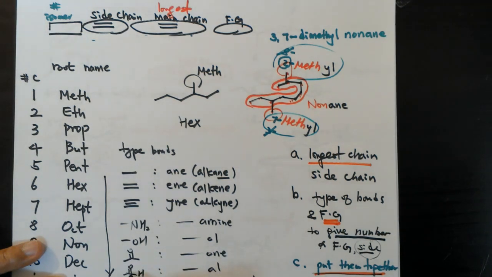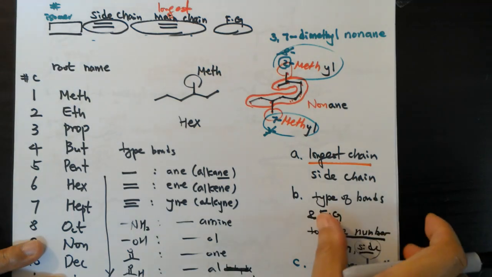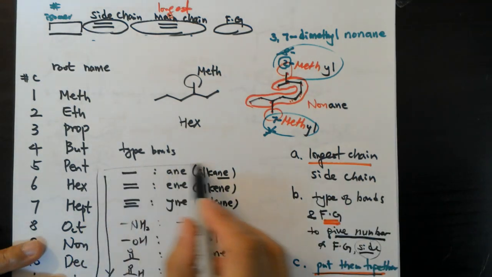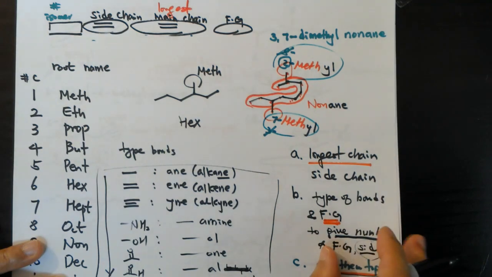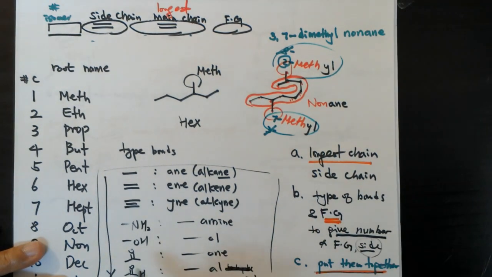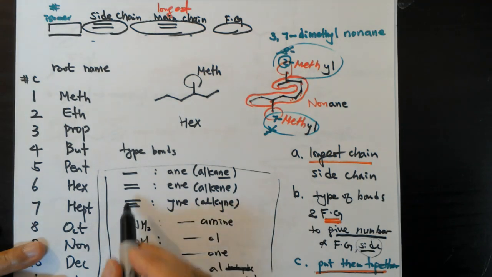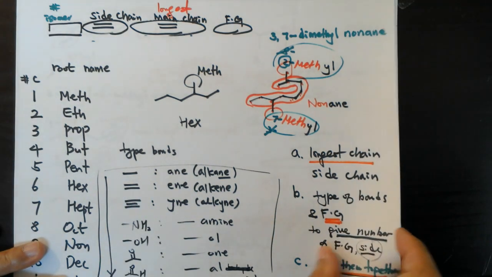For the aldehyde, al, like aldehyde, right? So al. And the ketone ends in one. Alcohol, so ol. Amine, something amine. So according to this priority table, you can see the alcohol has a higher priority than these unsaturated pi bonds.